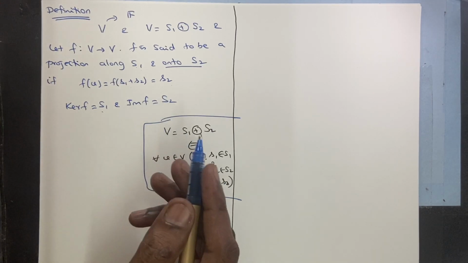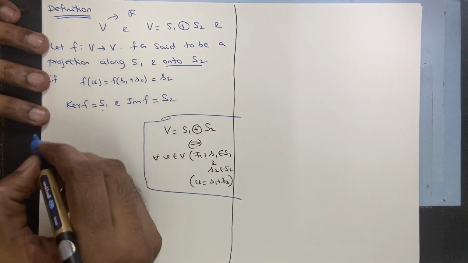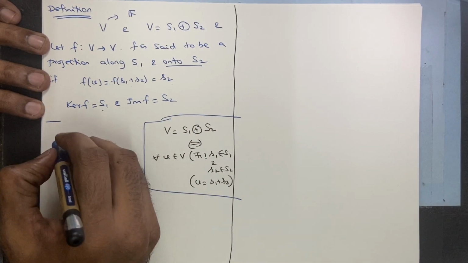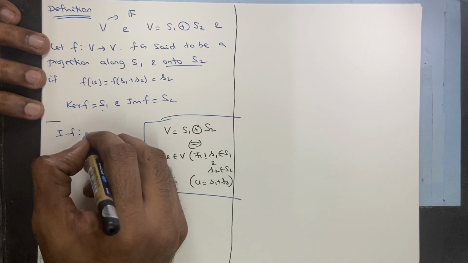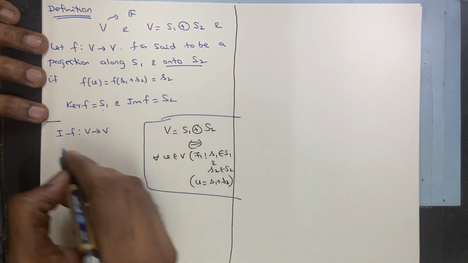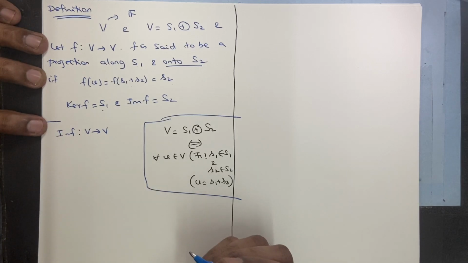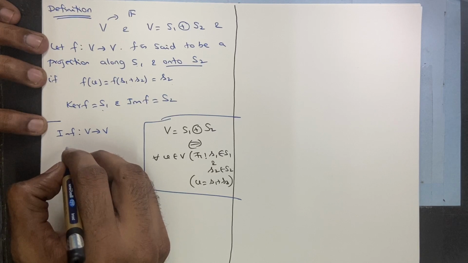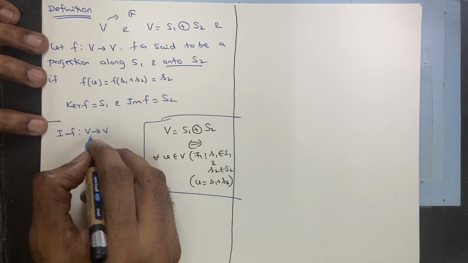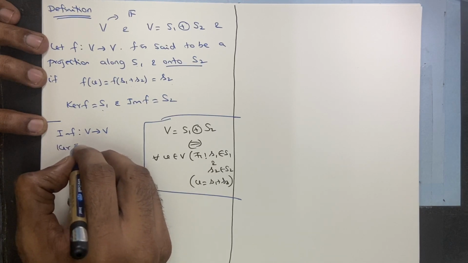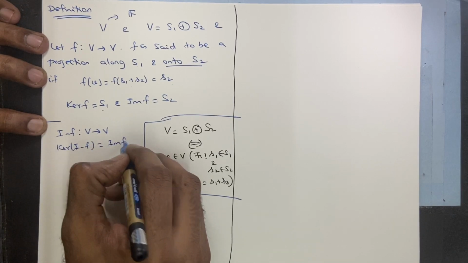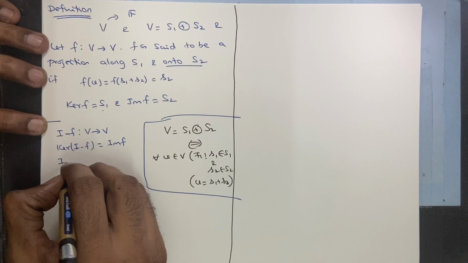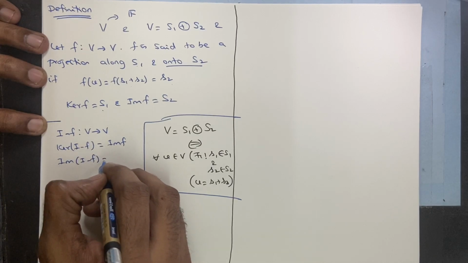Similarly, if you want to change the direction, one trivial thing we normally know is that I minus f will also be a linear map from V to V, because in L of V comma V you can add and subtract linear maps. The kernel of I minus f will be the image of f, and the image of I minus f is the kernel of f.